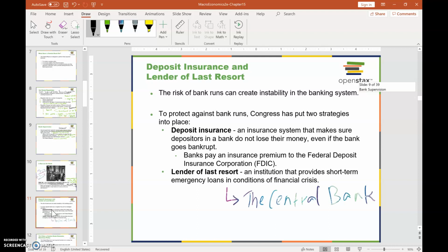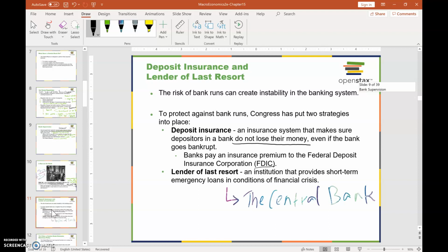One is the deposit insurance, which is an insurance system that makes sure the depositors in a bank do not lose their money, even if the bank goes bankrupt. The bank is paying an insurance premium to Federal Deposit Insurance Corporation, known as FDIC.